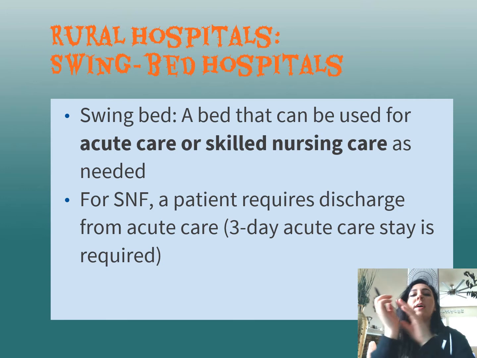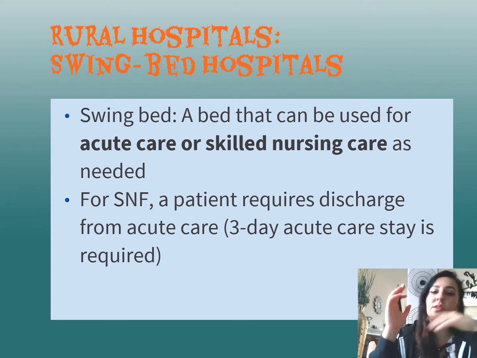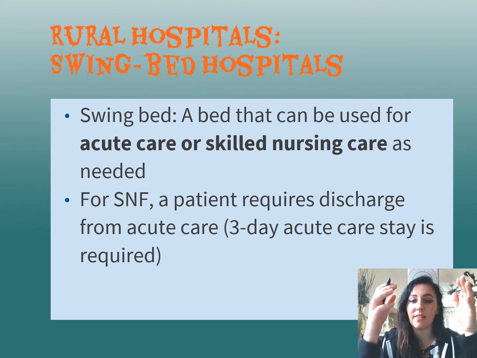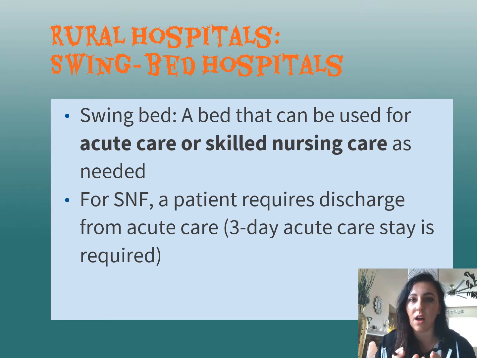So what the government allowed for was this whole swing bed concept. What this meant is that there are certain beds in the hospital that will be allowed to be used for different things.